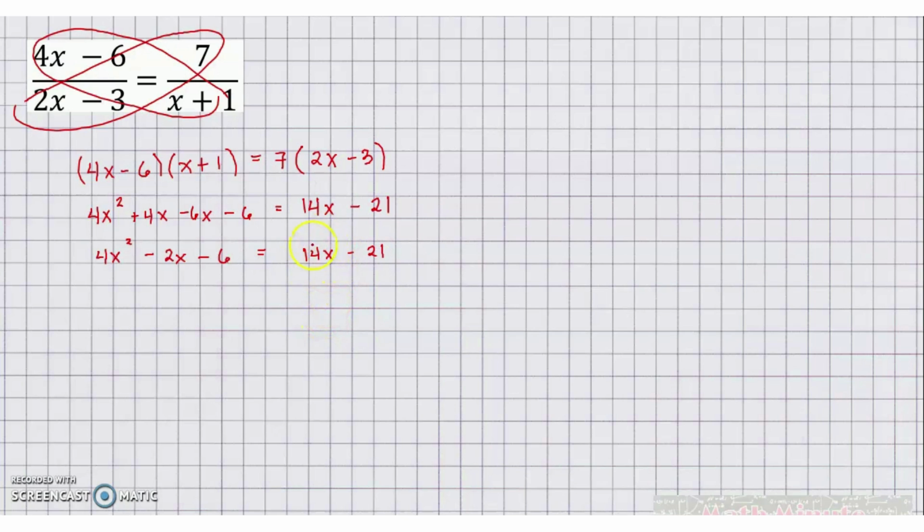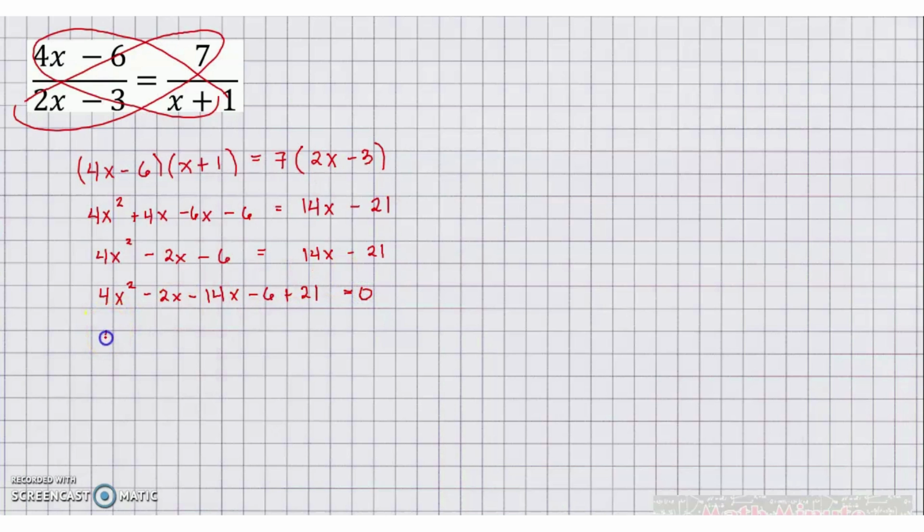So what you're going to do is to use the additive inverse of 14x and negative 21. So meaning we will subtract 14x on both sides of the equation and add 21 also. So this will be 4x squared minus 2x minus 14x minus 6 plus 21 is equal to 0.